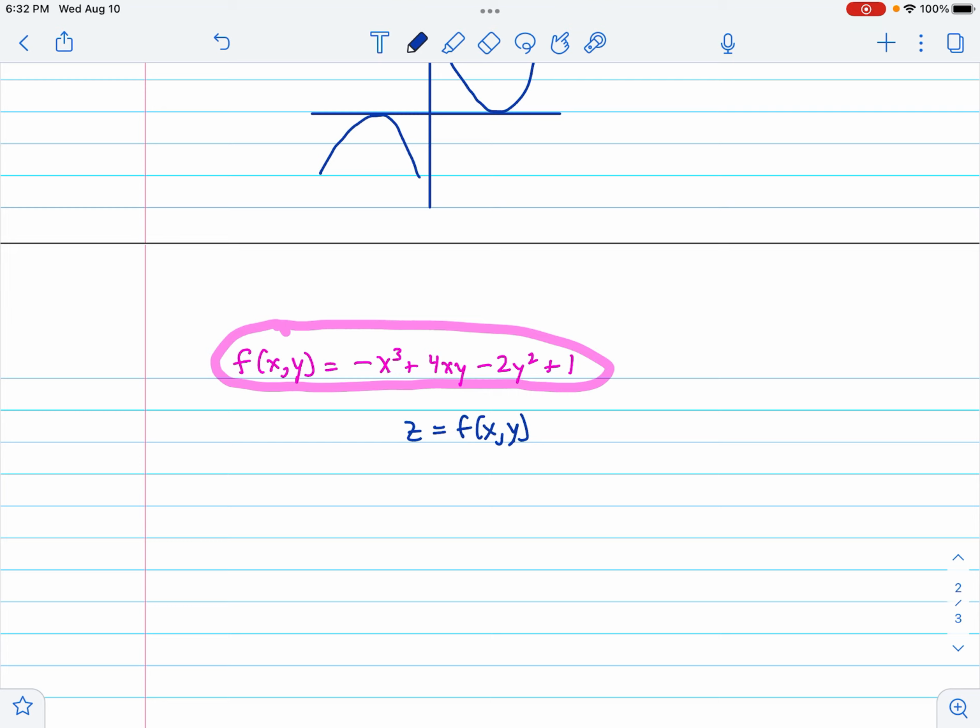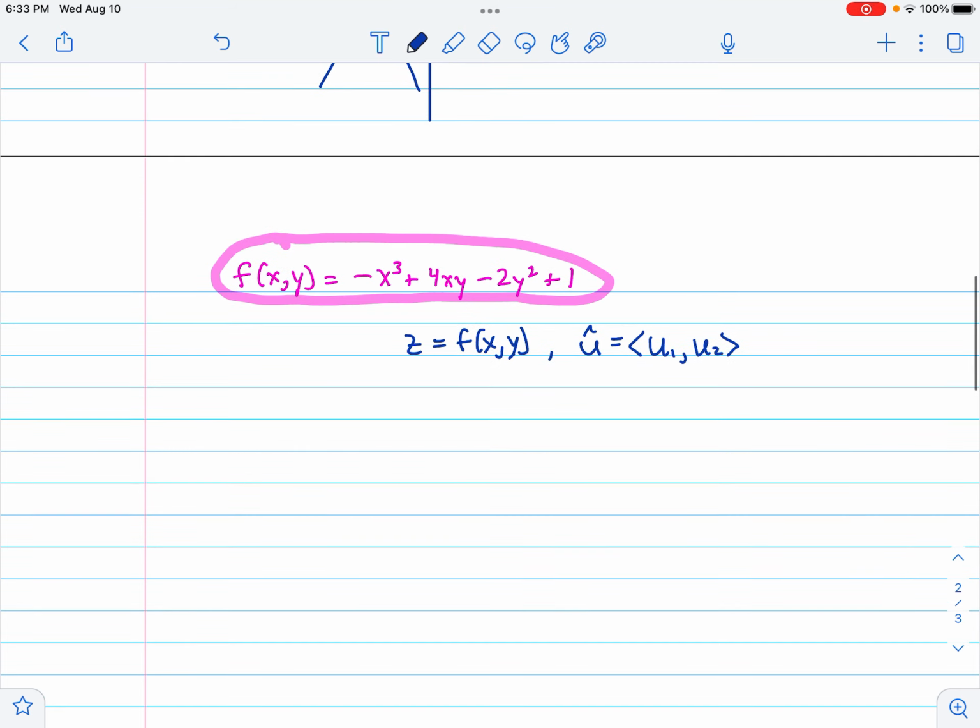I want to be able to say this critical number gives me a maximum no matter which direction you approach from. Likewise, this critical number gives me a minimum no matter which direction. So I'm going to have just a general direction here of u1, u2. This right here is a unit vector.